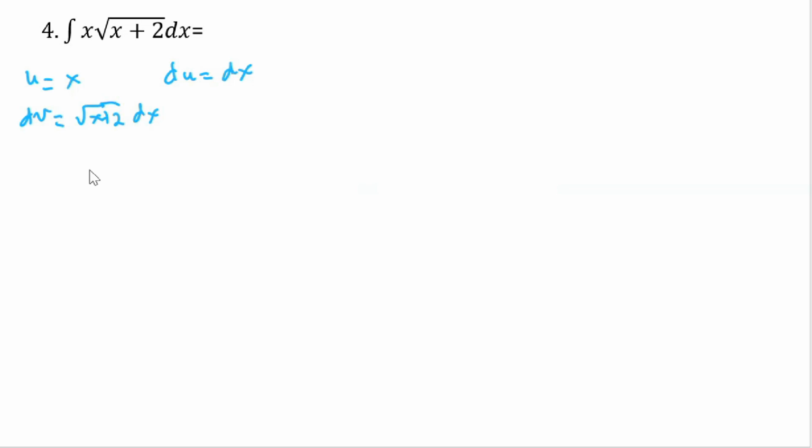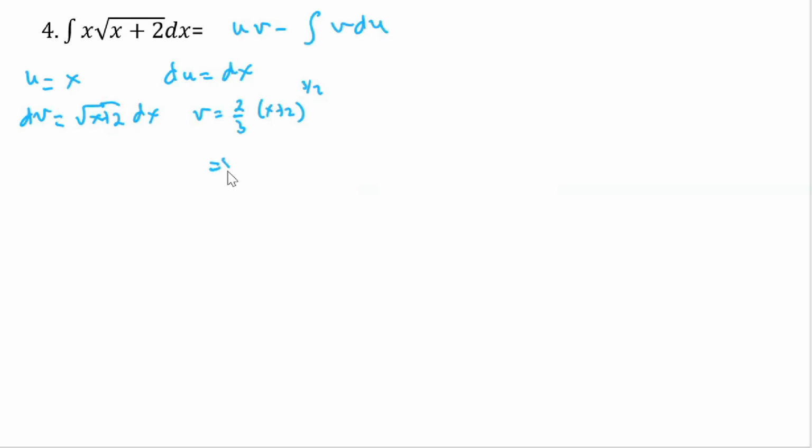And then the integration of the square root of x plus 2 will give us now 2/3 of x plus 2 to the power of 3/2 by applying the power rule. Now, we are going to write the formula in order for us to be guided properly. So uv minus the integral of v du.